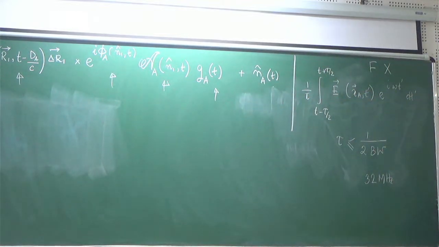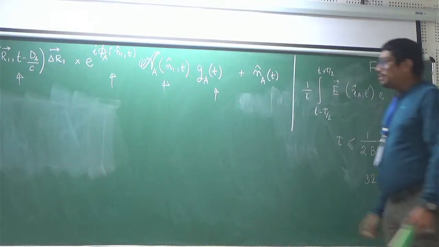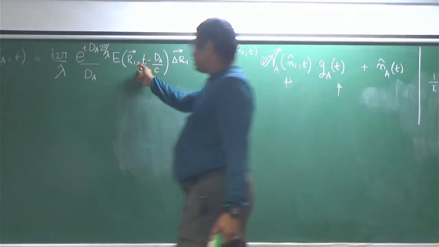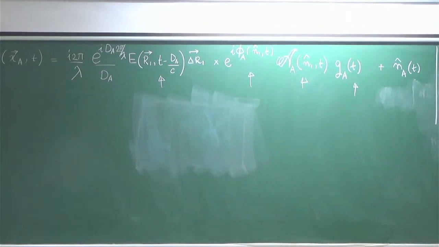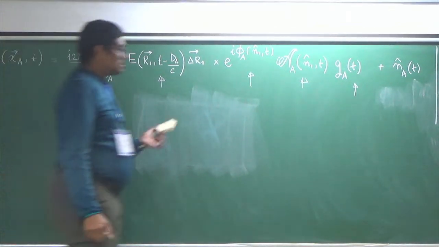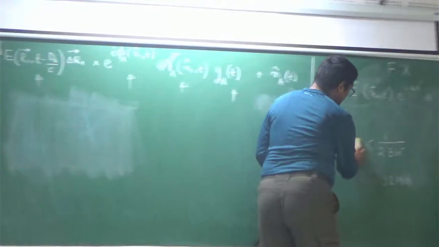Which means when I do this integral, the things which don't change so fast will just go out of the integral. What will remain is this, which depends on the frequency. So what will I get if I do this?